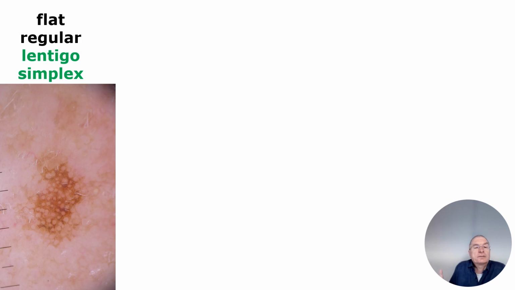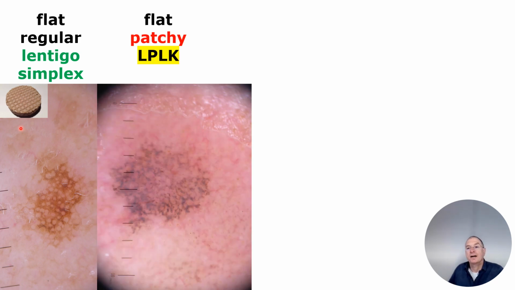These are the lentigo simplex and lentigo solaris, and I like to compare this with this nice cookie from Vienna, Austria. Also flat but tricky in diagnosis is a lichen planus like keratosis, and it is always correct, when you are not sure with the diagnosis, to perform a biopsy, a shave excision or total excision.